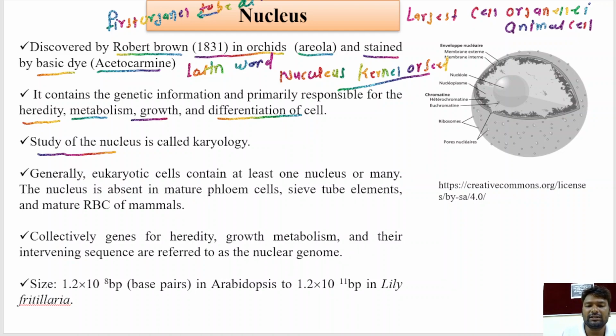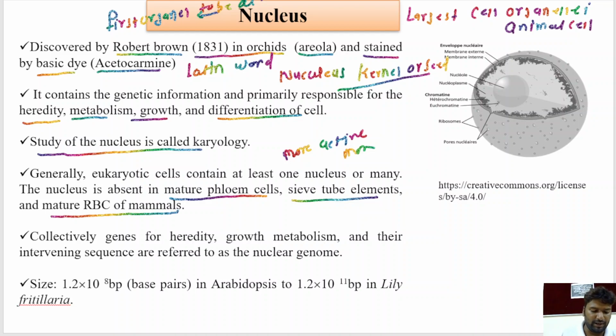The study of the nucleus is called karyology. Generally, eukaryotic cells contain at least one nucleus, or many. Generally, more active cells have more nuclei. The nucleus is absent in mature phloem sieve tube elements and mature RBCs of mammals.